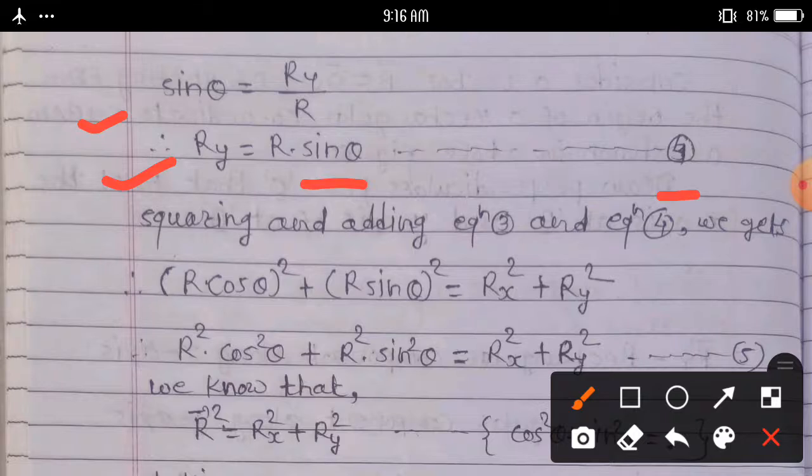Consider equation number 4 here. We firstly calculate the Rx component and next the Ry component. Here Rx is equal to R cos theta and Ry is equal to R sin theta.